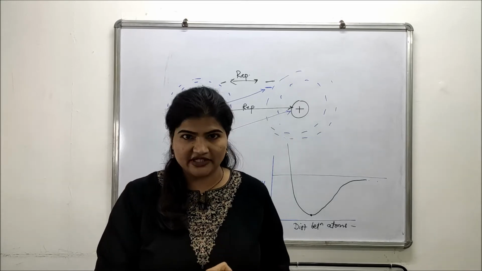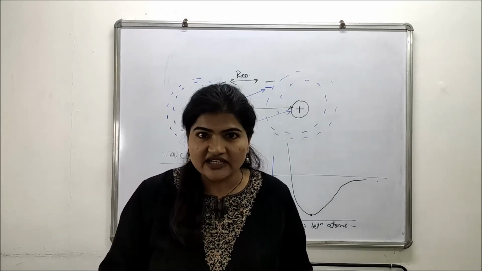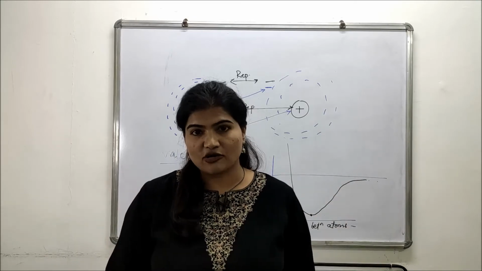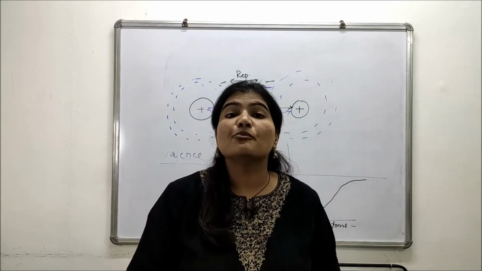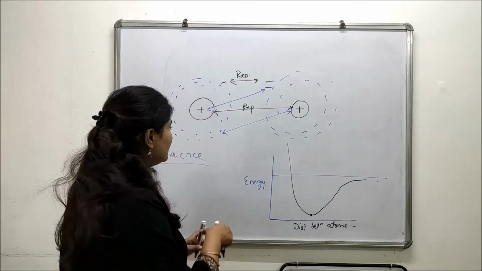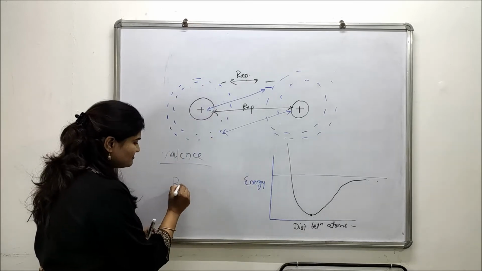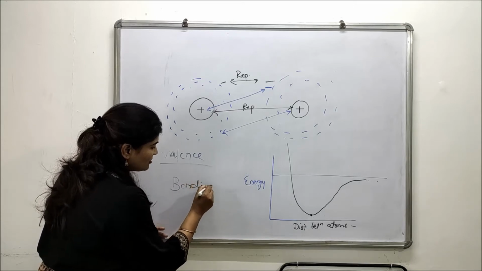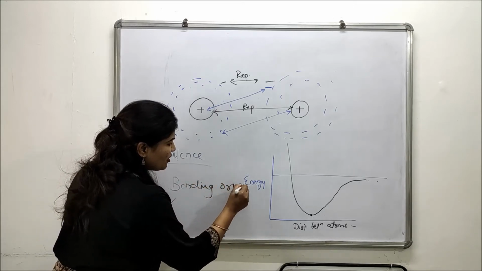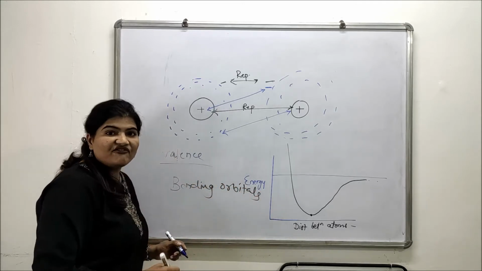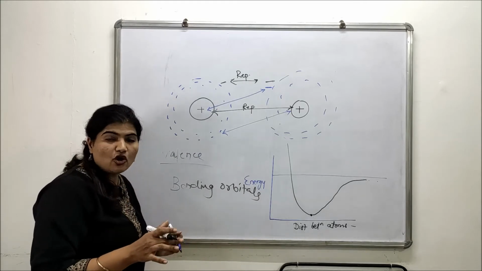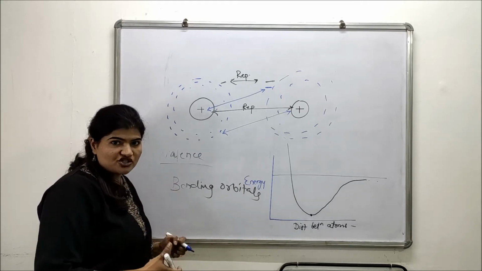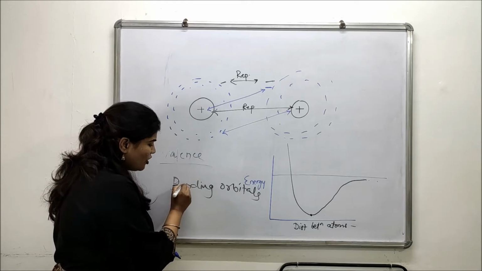Now such orbitals which are half-filled, valency shell orbitals, are referred to as bonding orbitals. Okay, half-filled atomic orbitals in the outermost shell are called bonding orbitals.